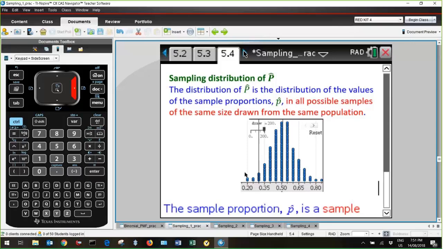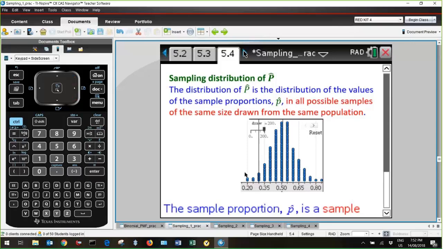Okay, so what we just saw was a model of the sampling distribution of p hat. So the sampling distribution contains all possible samples of the same size drawn from the same population.